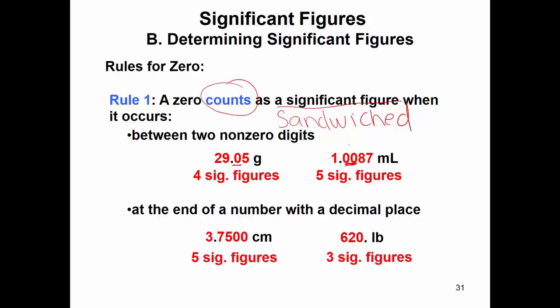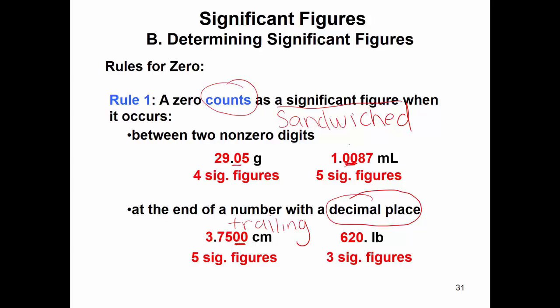All right, if the 0 is what I call a trailing 0, meaning it's following behind or trailing a non-zero digit, these are significant as long as you have a decimal place. So that sets the tone here. You look for a decimal. If you have a decimal place, then anything behind that decimal, including zeros, is significant.